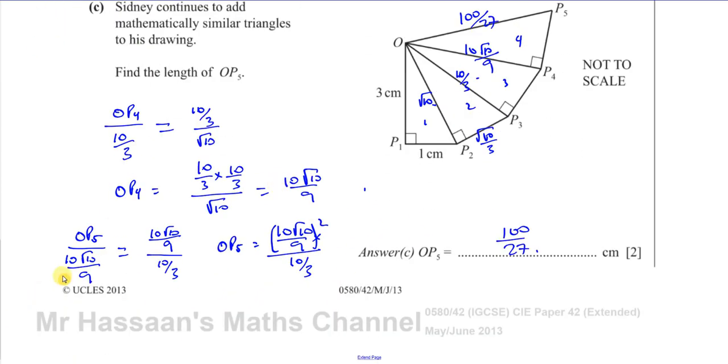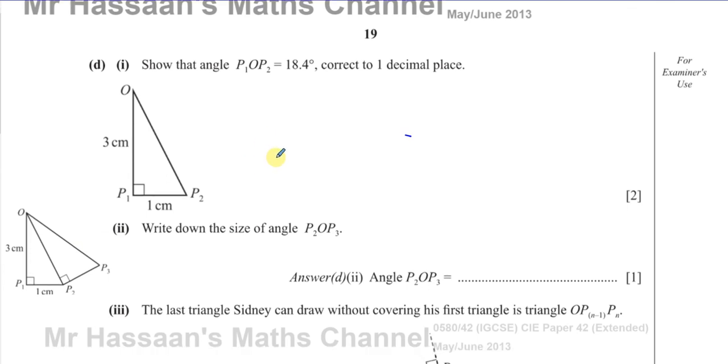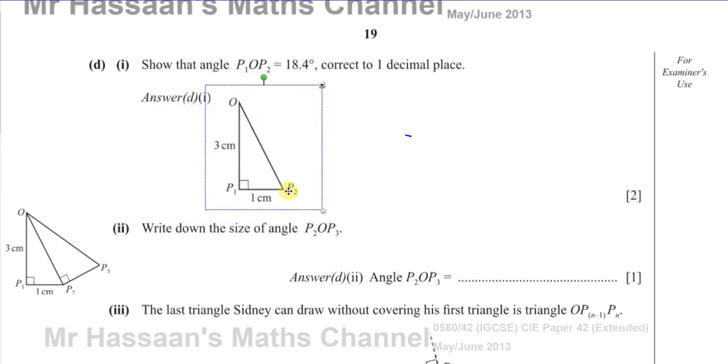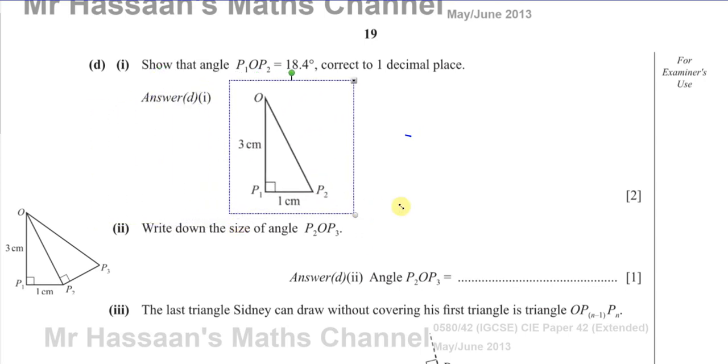Now we're going to move on to part D. It says show that angle P1OP2 is equal to 18.4. I brought this diagram over from the other page because it's better for us to see the diagram. So they're telling us to show that this angle P1OP2, let me call it theta, is equal to 18.4.